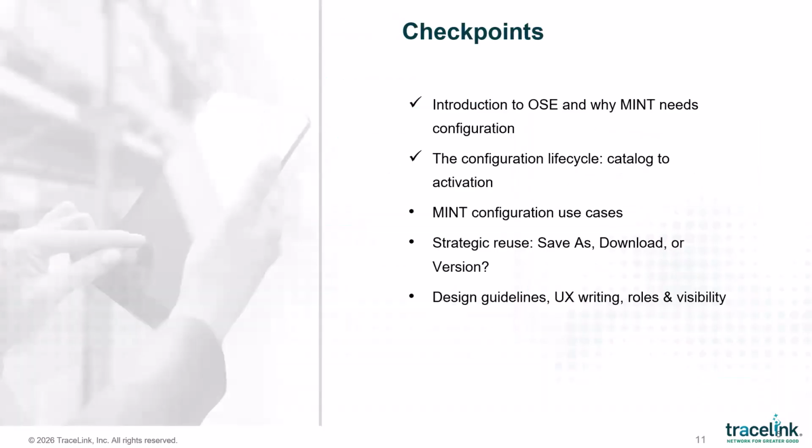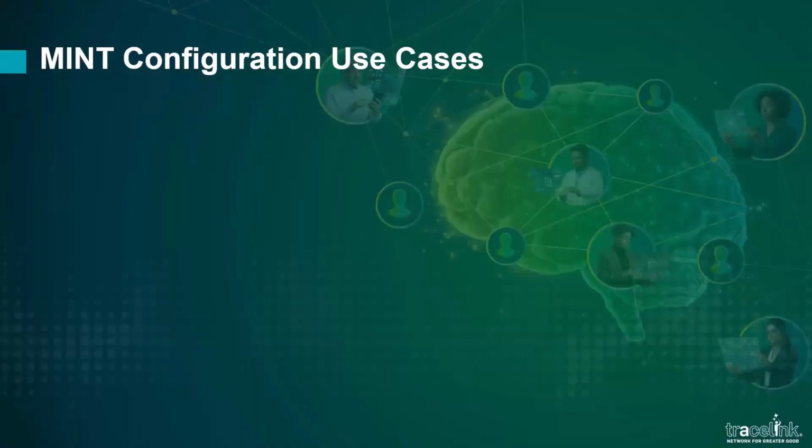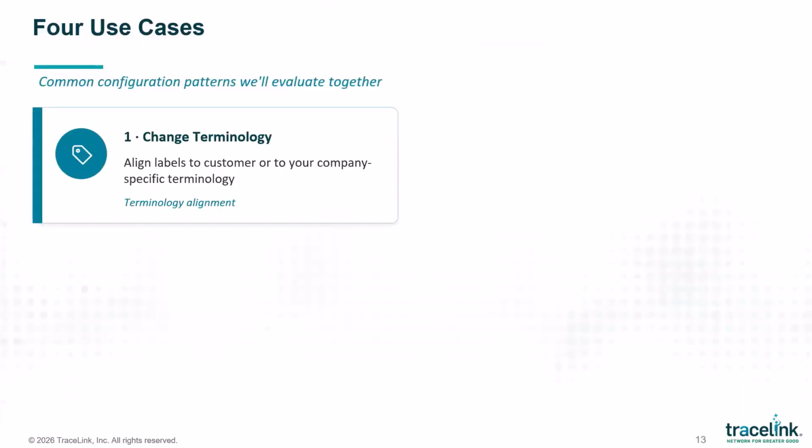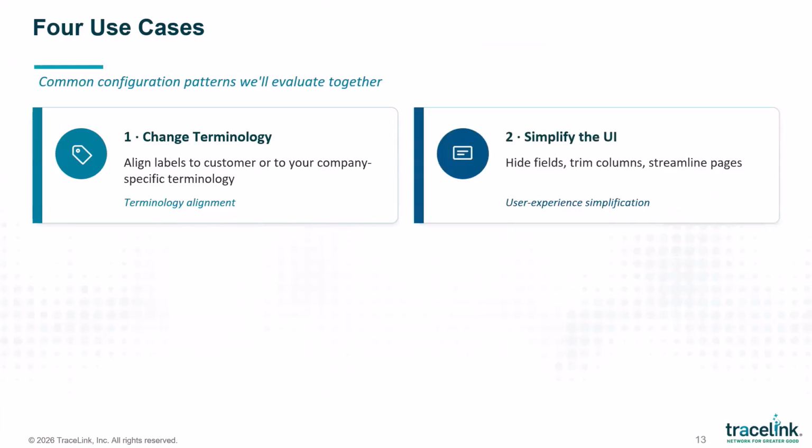Let's now take a look at Mint configuration use cases. Use case 1 is changing terminology by aligning labels to a customer's terminology or to your company's specific terminology. That's terminology alignment. Use case 2 is simplifying the UI, hiding fields, trimming columns, streamlining pages.